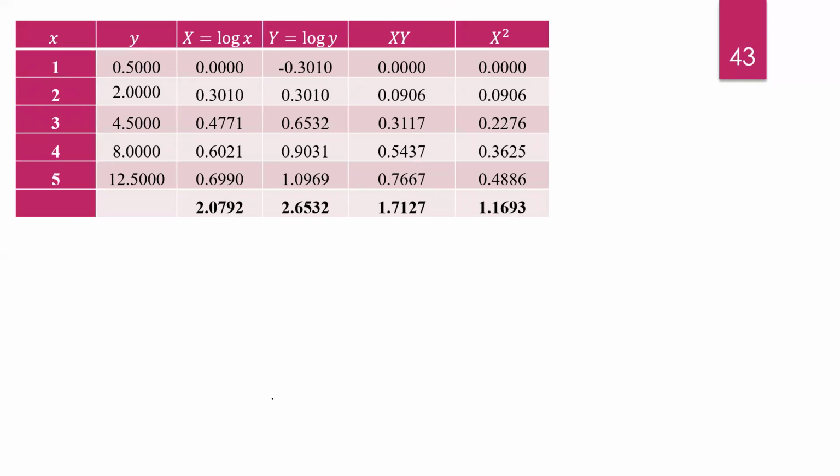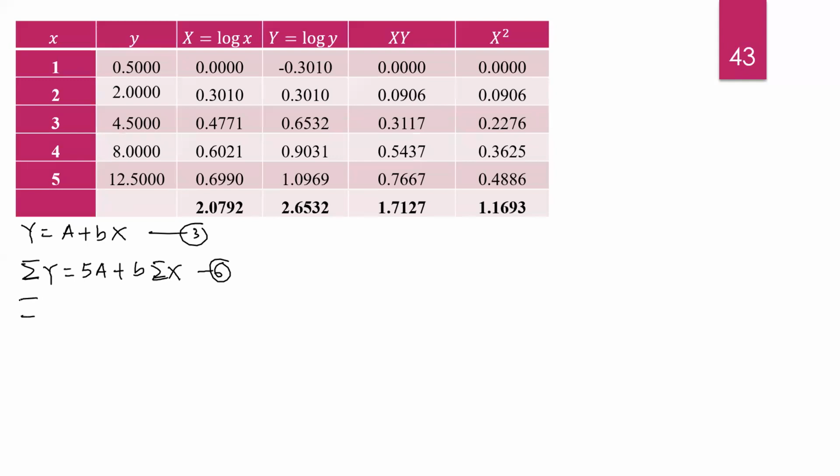Now I am considering again the third equation: capital Y is equal to A plus bX. See, this is equation number 3. Now the normal equation is summation Y is equal to summation of A, the constant, which is outside, so it is repeated 5 times, that is 5 times A plus b summation X. We name this equation 6.